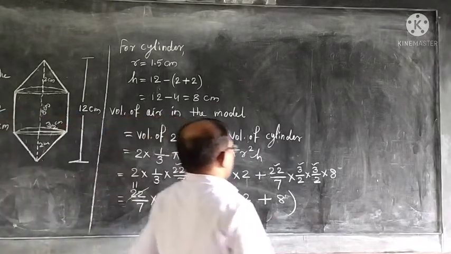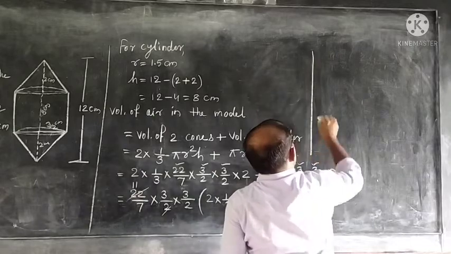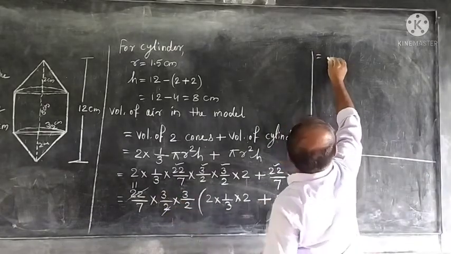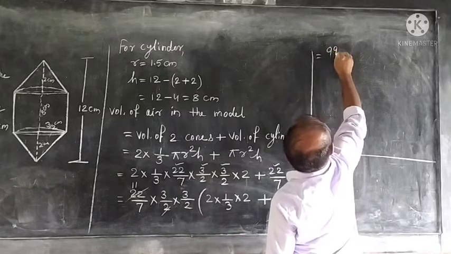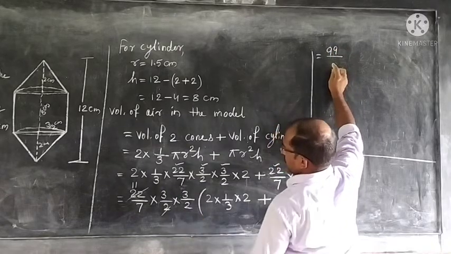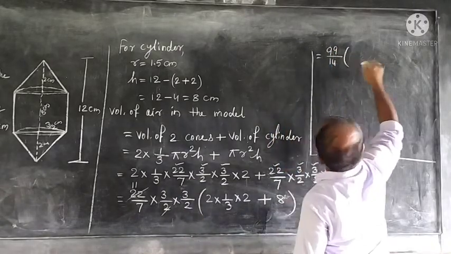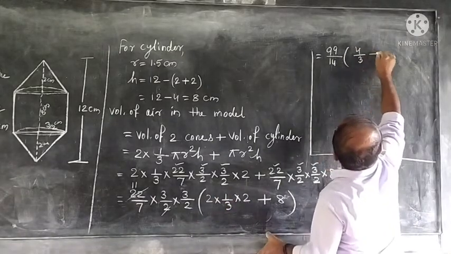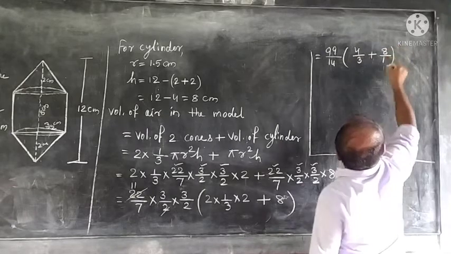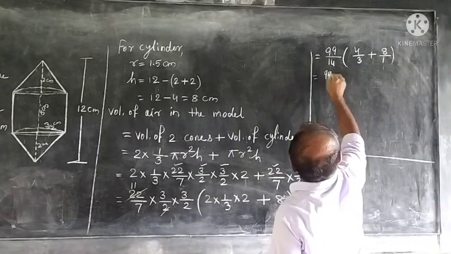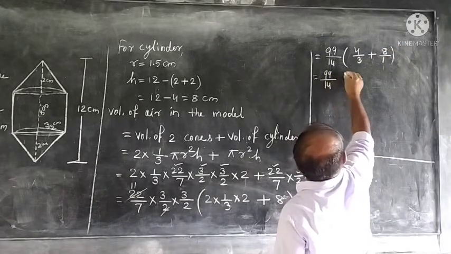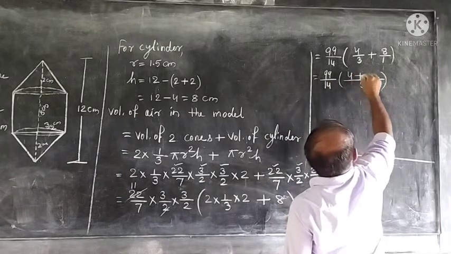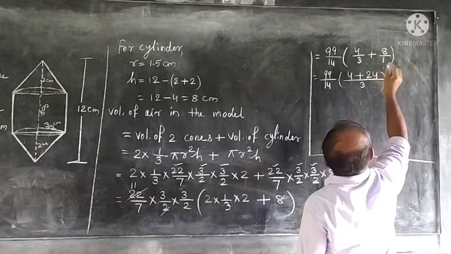Remaining calculation 11 3s are 33 into 3, 99 by 7 2s are 14. Inside the bracket 2 2s are 4 by 3 plus 8 by 1, 99 by 14 into 3 LCM, 3 1s are 4 1s are 3 1s are 8 3s are 24.